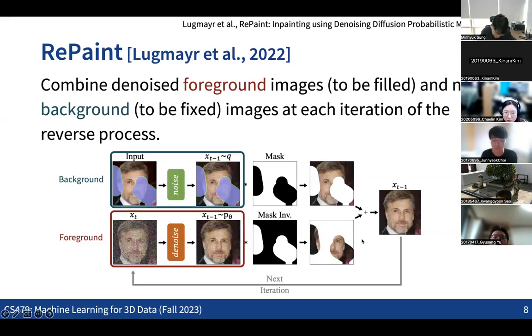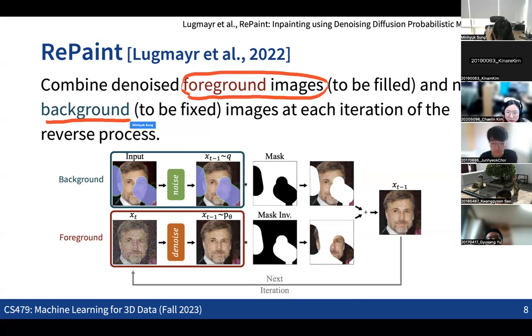The thing is that we are going to combine the denoised foreground images, which is the region that will be filled in, and also combine the noised images for the background part at each iteration of the reverse process. So what we can see is that we keep running the reverse process for the foreground region that we are going to fill in. For the background region, we are also running the forward process of the diffusion process and combining these two at each iteration.